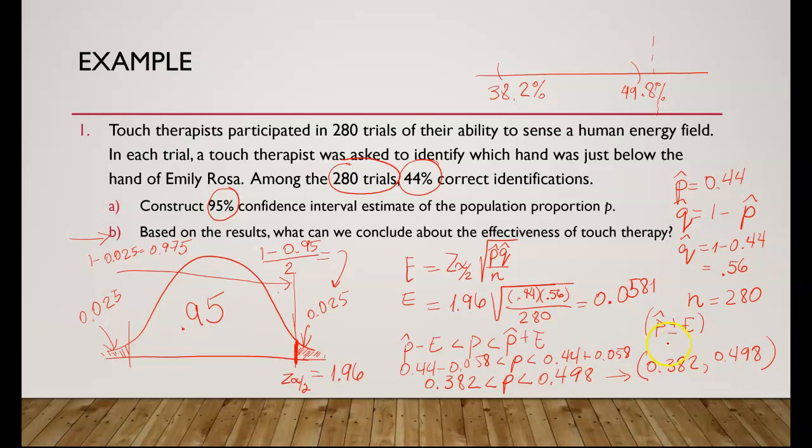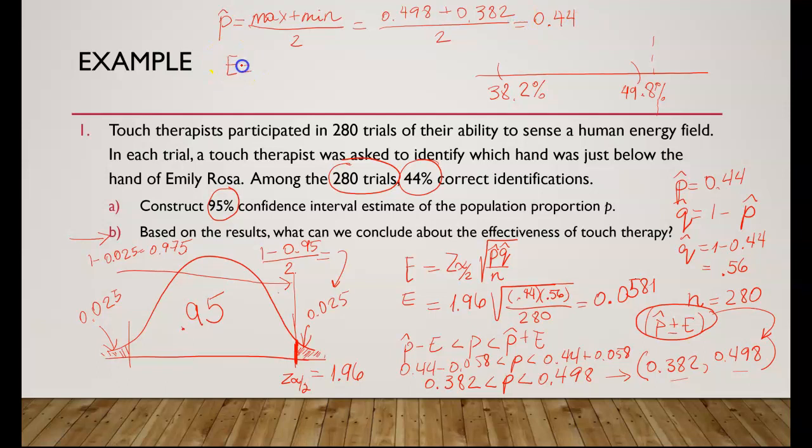Now let's look at how to write the confidence interval in this form. To find p hat from the interval limits, add the lower interval limit and the upper interval limit, maximum plus minimum divided by 2. In this case, we'll add 0.498 plus 0.382 divided by 2 equals 0.44.